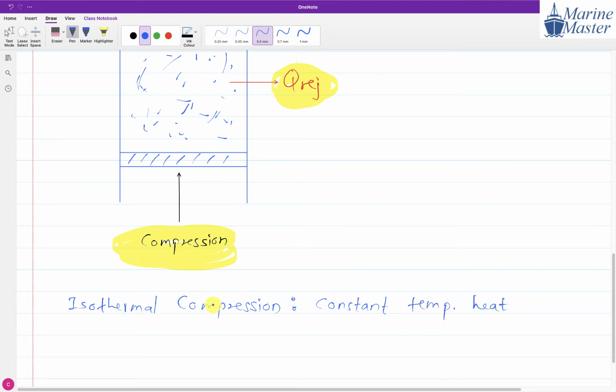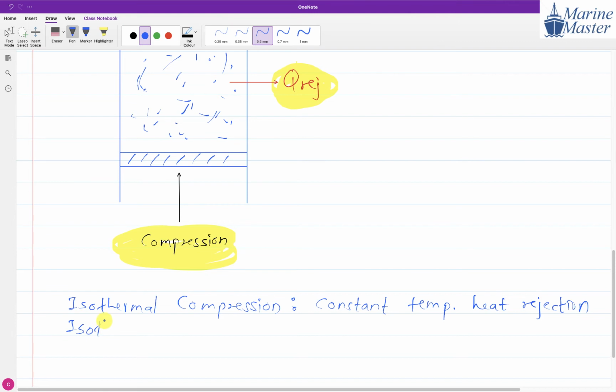Because if you are compressing the air, the temperature of the air is going to increase. But if you want to maintain a constant temperature, we have to reject the heat. Then and only then the temperature of the air is going to remain constant. So this is our isothermal compression: constant temperature, heat rejection.